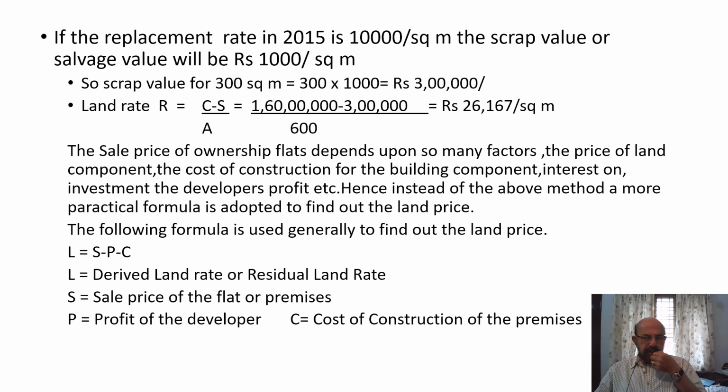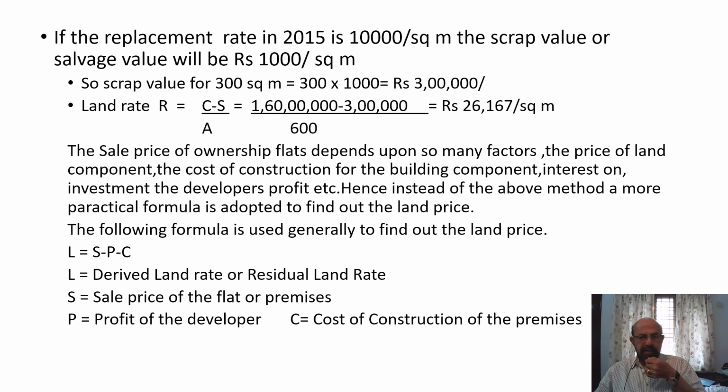If the replacement rate in 2015 is 10,000 per square meter, the scrap value or salvage value will be 1,000 per square meter. So scrap value for 300 square meter is equal to 300 into 1,000, which is equal to 3 lakhs.